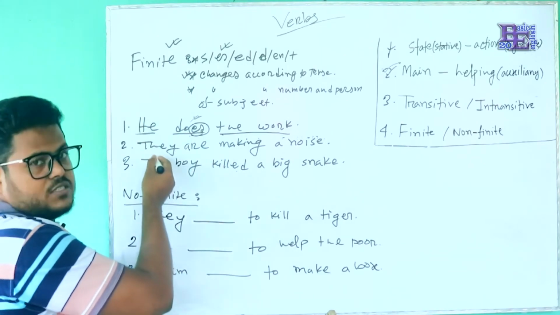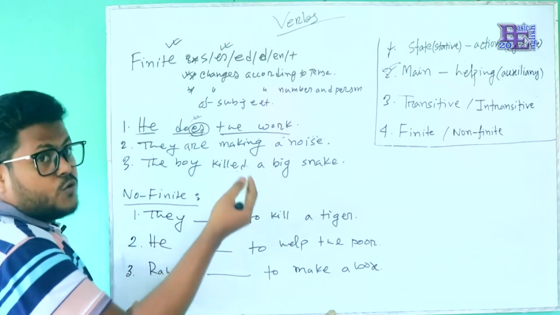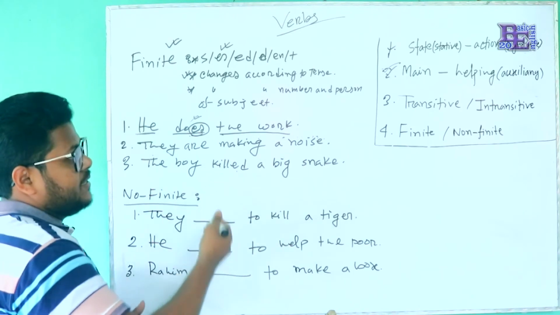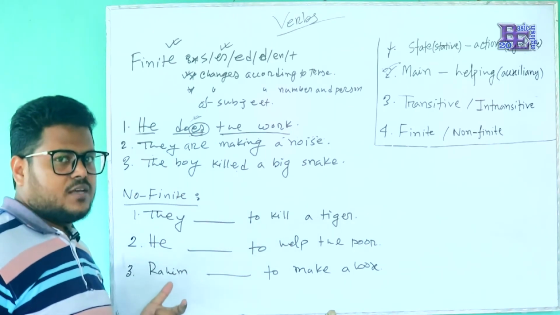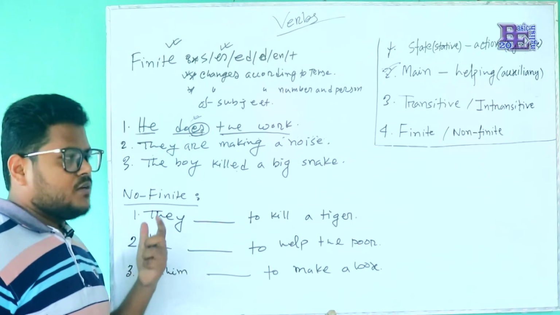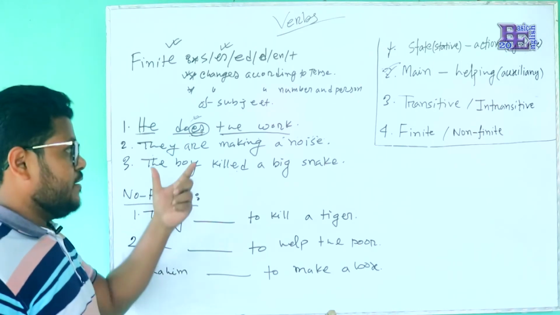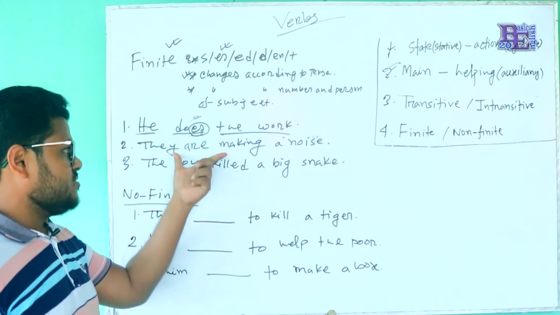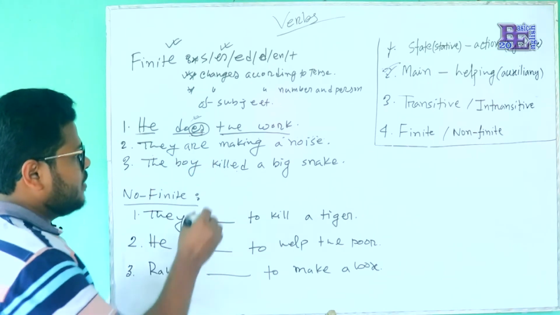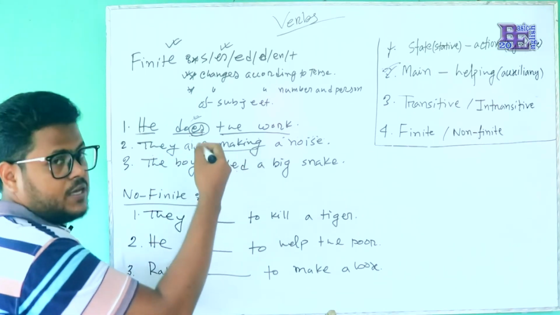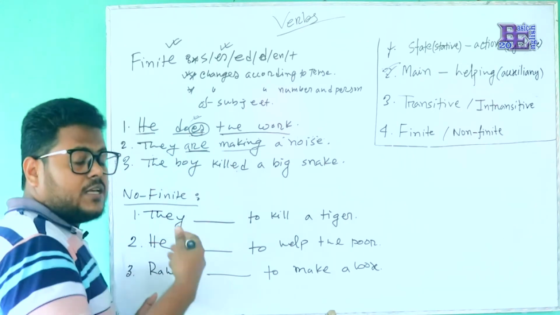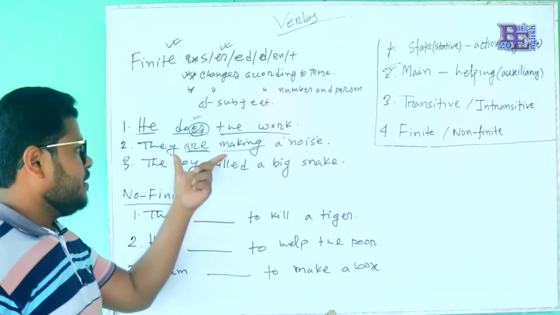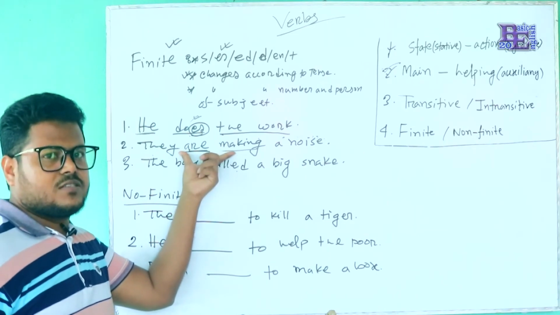In the next sentence, you can see, they are making a noise. If I say this sentence, I think you will get a complete sense, and you will not ask me for anything else to complete the meaning. It has expressed the complete meaning. So here the main verb is making, and it has taken help from are, not in expressing meaning, but in expressing the tense of the sentence.